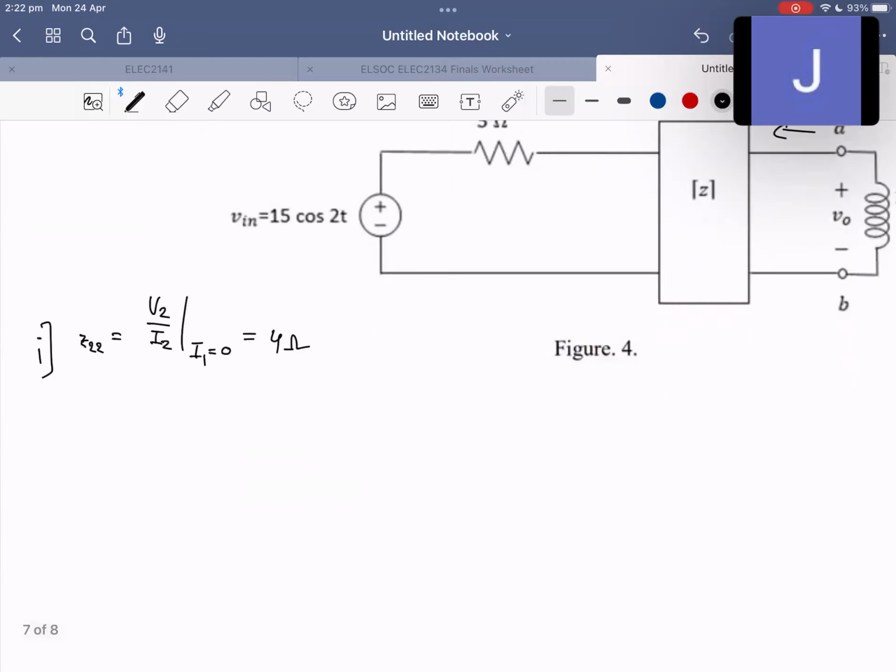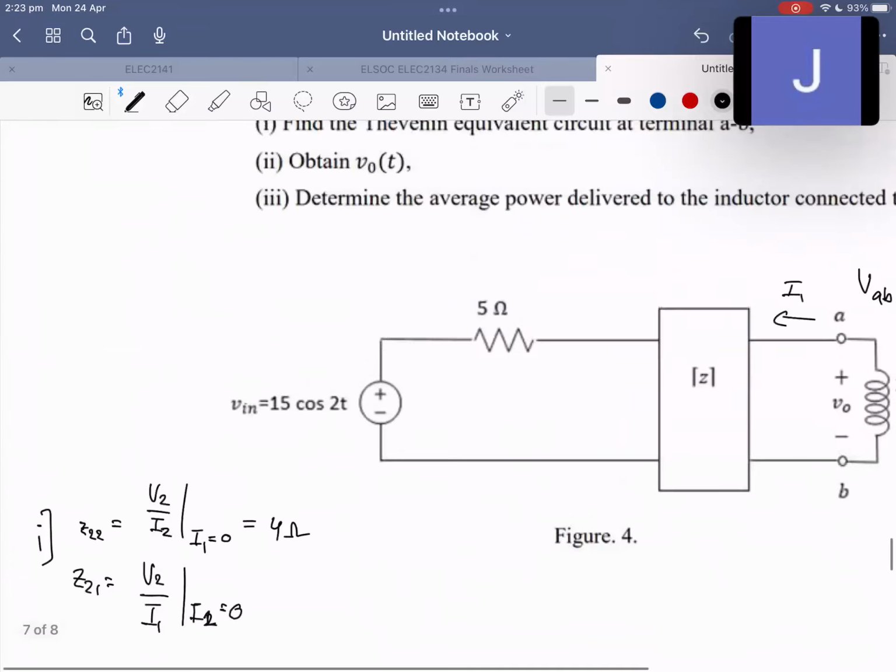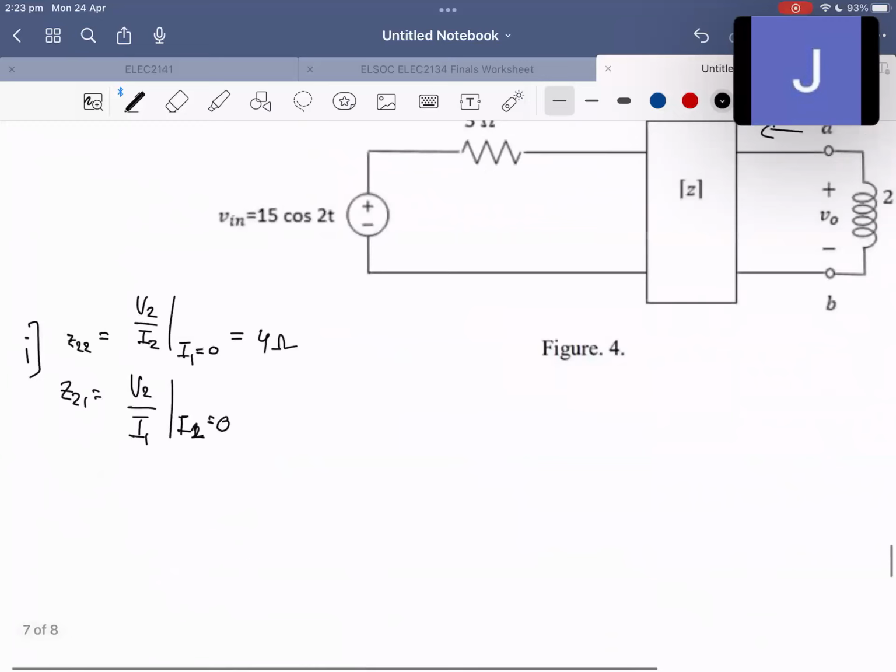In addition, Z21 is V2 on I1 when I2 equals 0. Oh, sorry, it doesn't matter, they're both 6J.